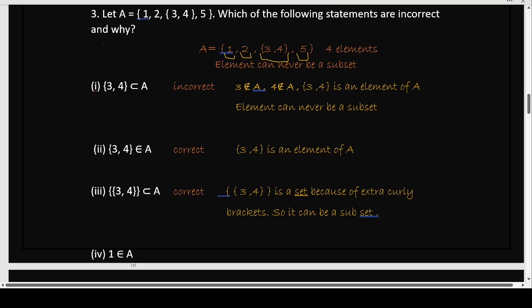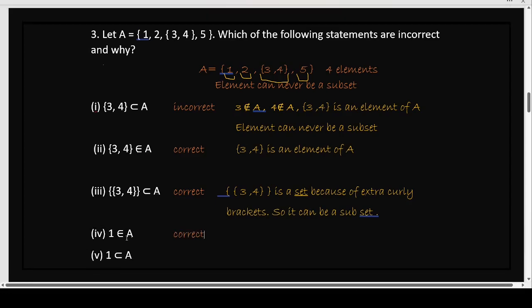Now 1 belongs to A. Yes, 1 belongs to A. 1 is an element of A. This is pretty straightforward. This is correct. What is this? 1 is a subset of A. It is incorrect because an element can never be a subset.